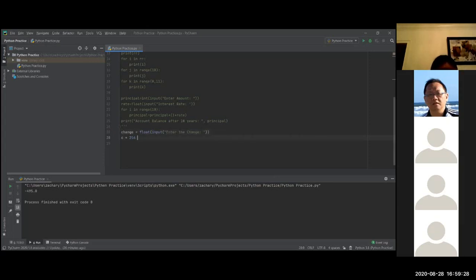Once I got this change, I should do what? Convert it to integer. How do we convert it to integer? You change it times 100. This one is actually converting your change to cents, right? After that, this is in cents.